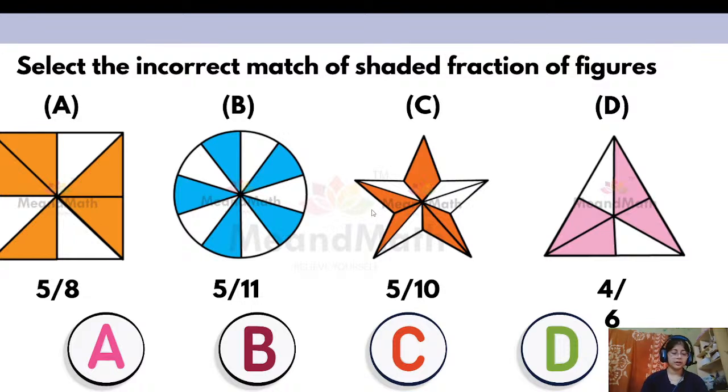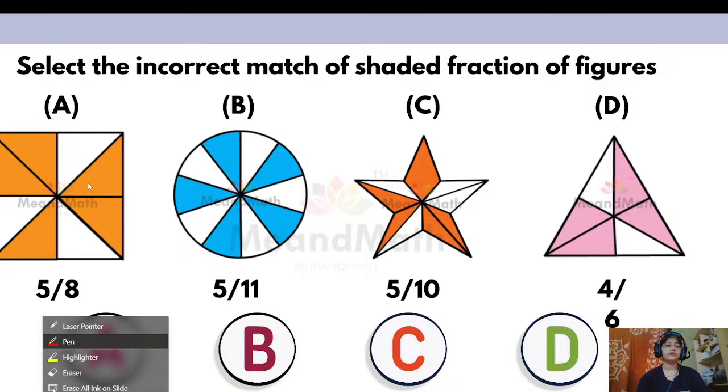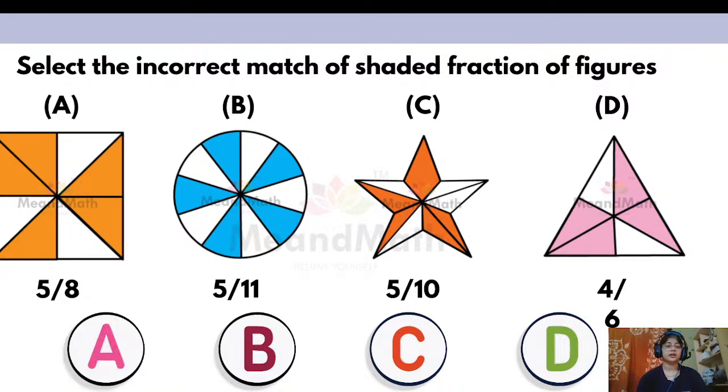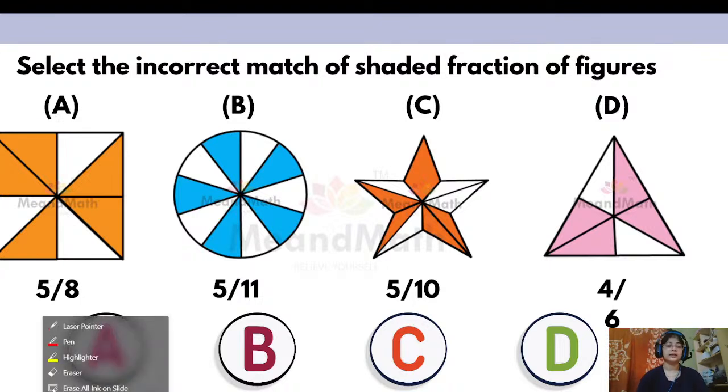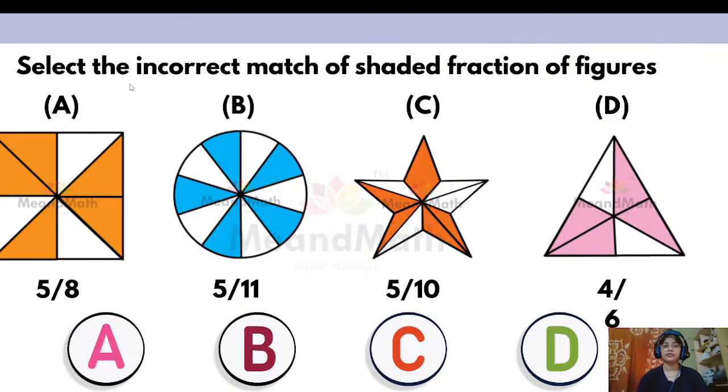Samriddhi says A. Which one is incorrect? You have to check for the incorrect one. So, which one is not showing the correct answer? That you have to find out from the options and type it in the chat box.